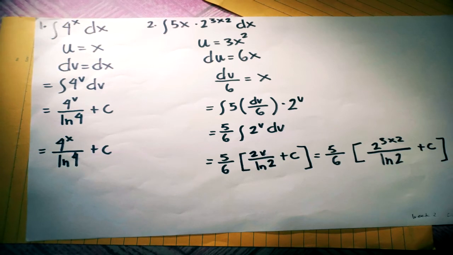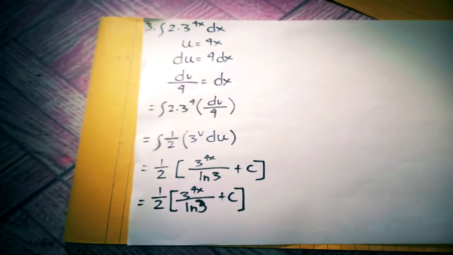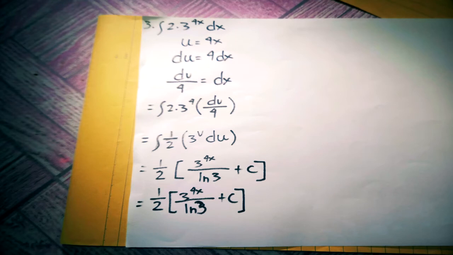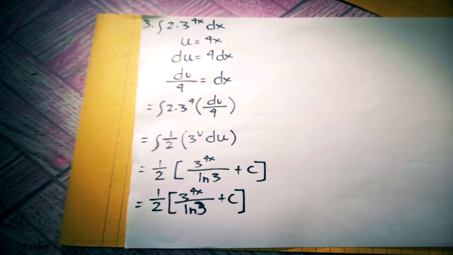ln 2 plus c. Number 3, the integral of 2 multiplied by 3 raised to the power of 4x dx.